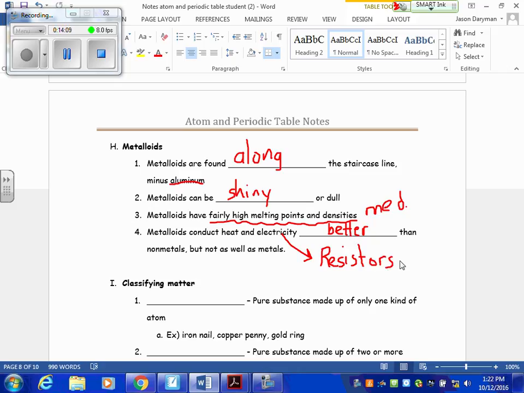And resistors tend to make heat. So think about electricity to make heat. Toasters, electric blankets, curling irons or flat irons, they're using metalloids so that they can make heat for your hair or to keep you warm in some way. Again, press pause. Actually, you don't have to, I think we're done with those notes.